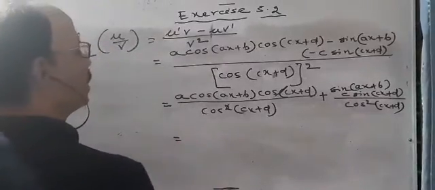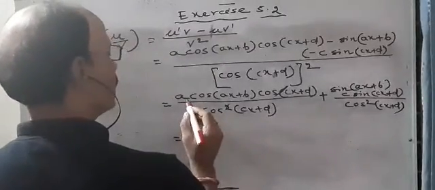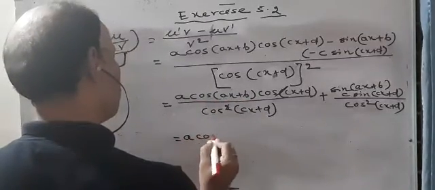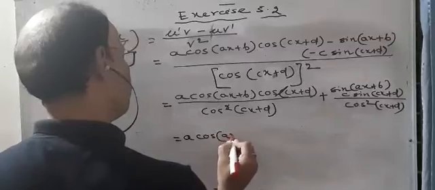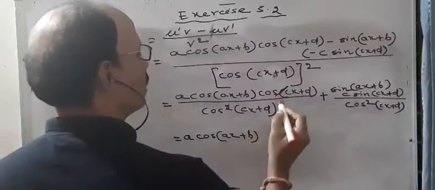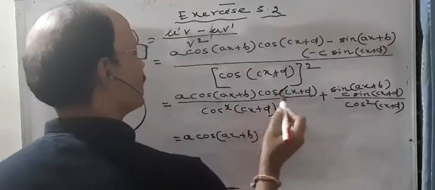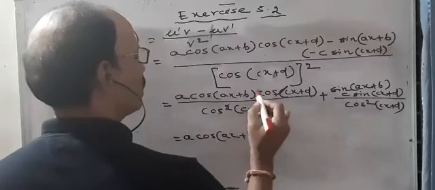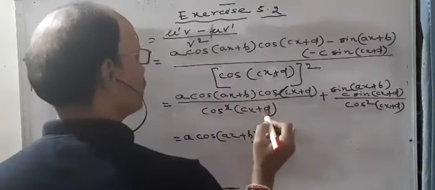Okay, now here what it will be? A cos ax plus b, and here one cos will be cancelled out and another one cos left below. So it will be 1 upon cos cx plus d.